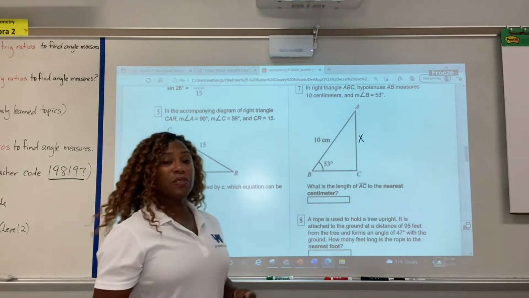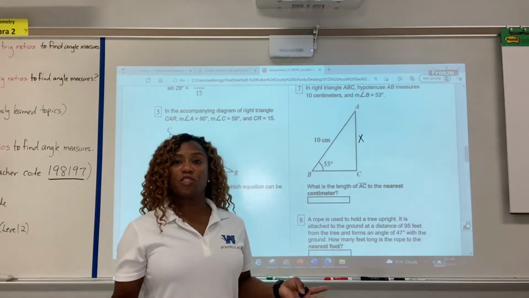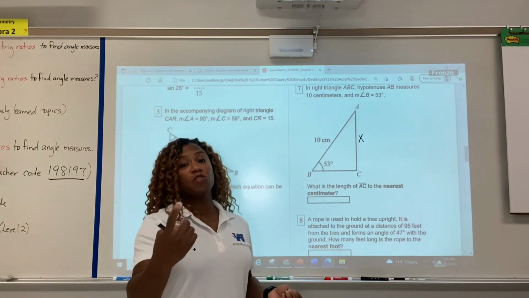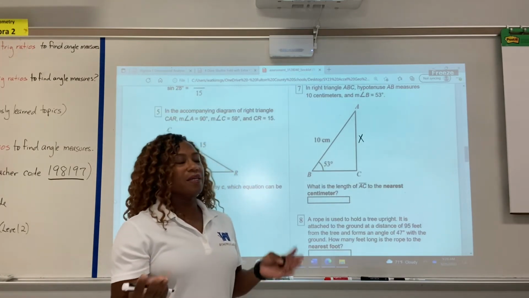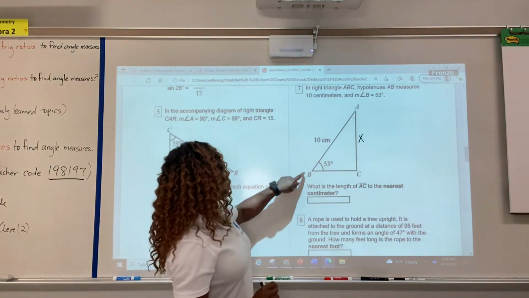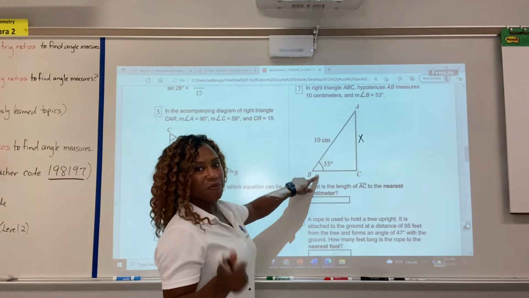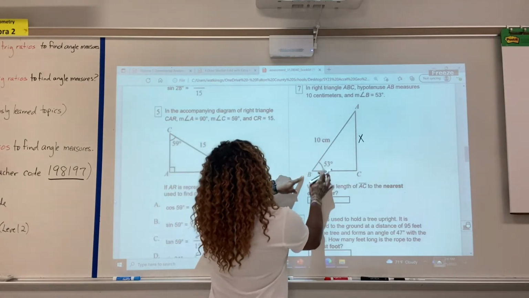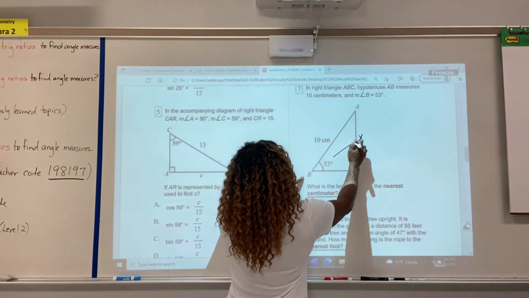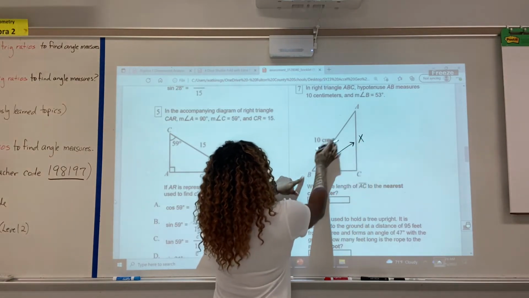So what we've got to do here is set up an equation using our trig ratios. But first of all, which trig ratio should I use? Should I use sine, cosine, or tangent? And we're going to find out by looking from the perspective of the angle that's given. So we're given angle B, and the only information that I see pertaining to this angle is some information opposite it, and I see the hypotenuse.